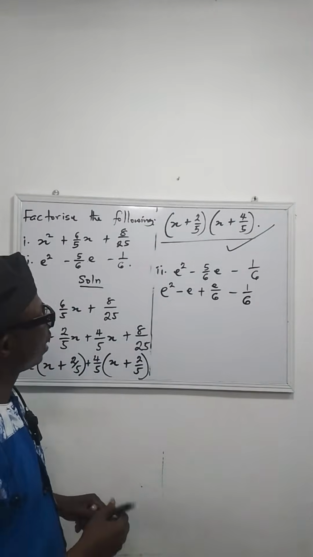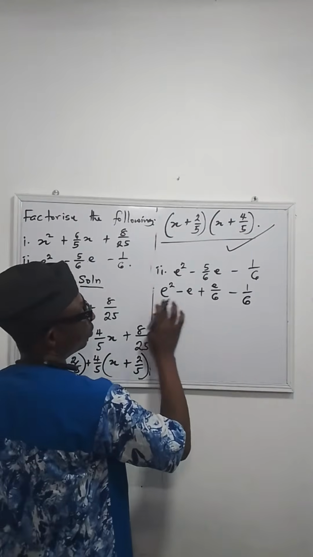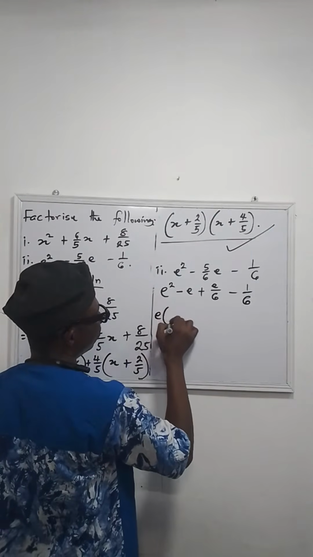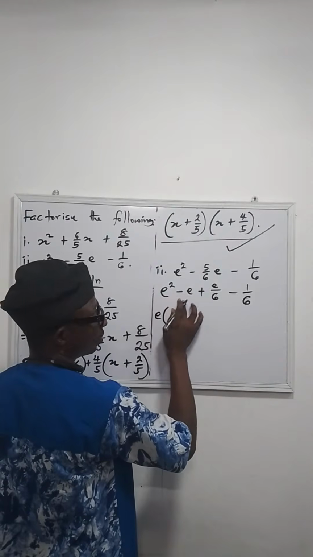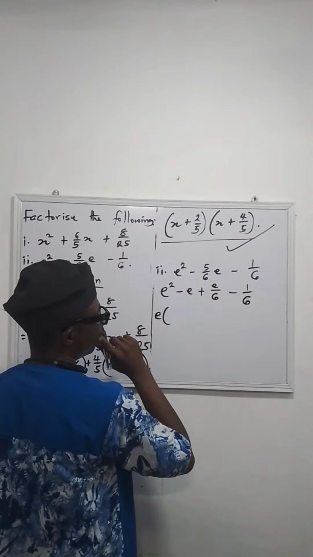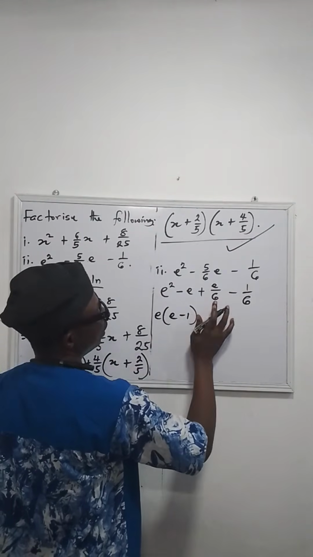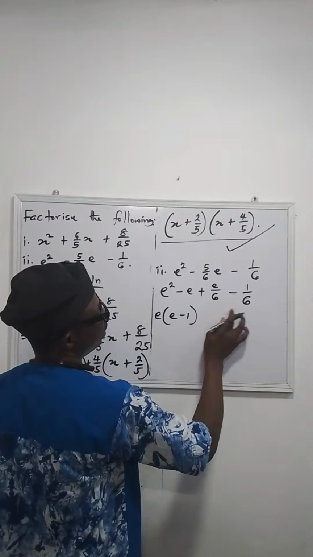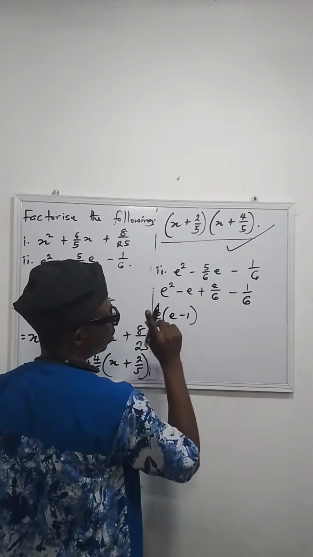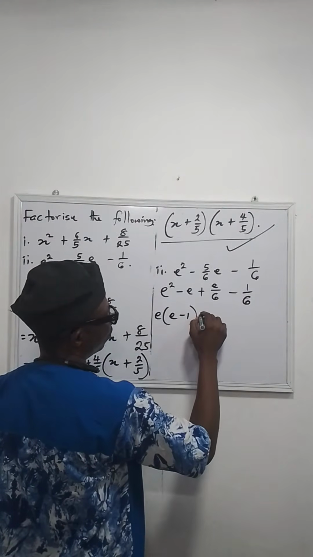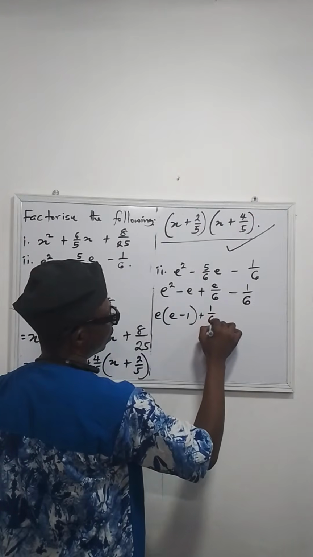Now let's look at this one. When you factor out e, which is the GCD of e squared and the negative e, we are left with e minus 1. Here too, the GCD is 1/6, so we have plus 1/6.